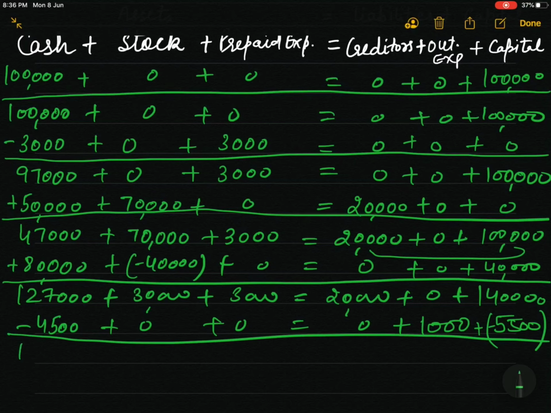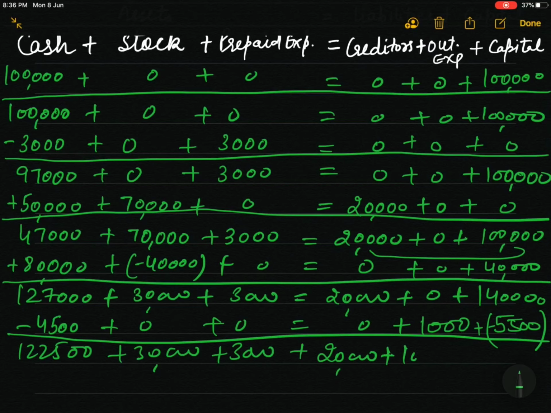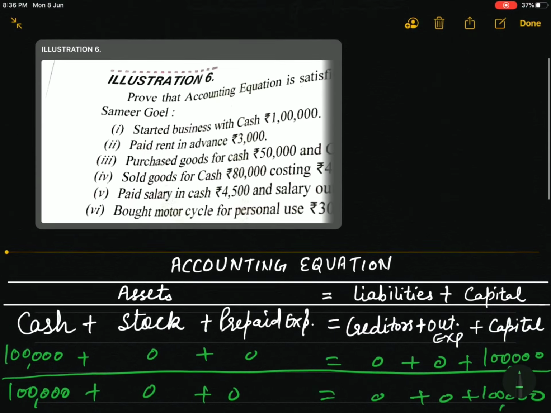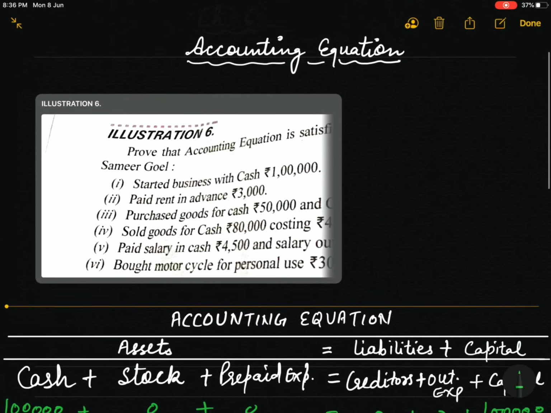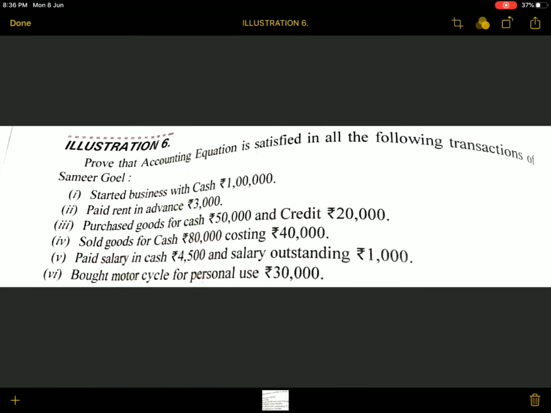The amount is 1,22,500, 30,000 stock, prepaid expenses 3,000, 20,000 creditors, 1,000 outstanding, and plus 1,34,500 capital. Last transaction is bought motorcycle for personal use 30,000.